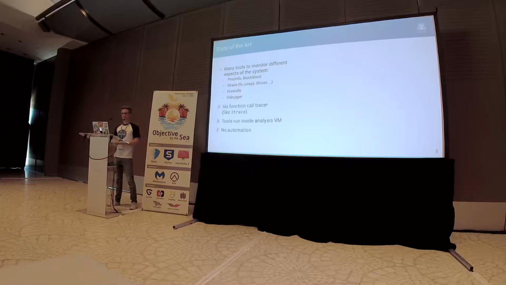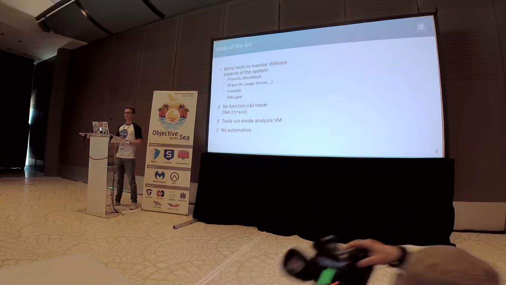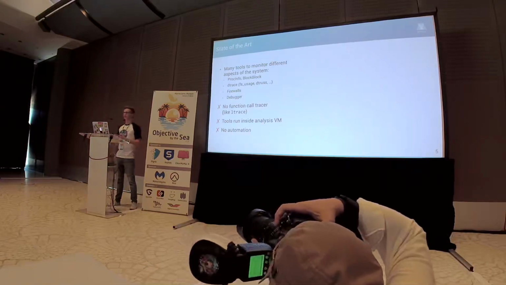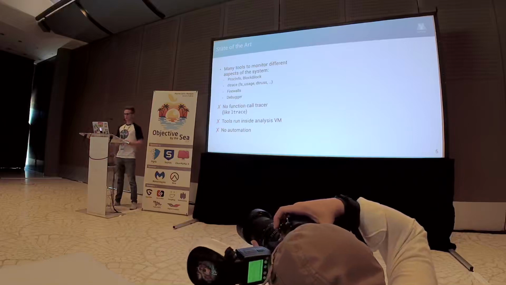But what's missing? There's no generic function call tracer, for example, like the ltrace utility on Linux. And all these tools need to run inside the analysis VM. So if malware gets more evolved, and we already saw some examples of this today, it could easily detect these tools running inside the VM and then only exhibit benign behavior or even try to corrupt the analysis completely.